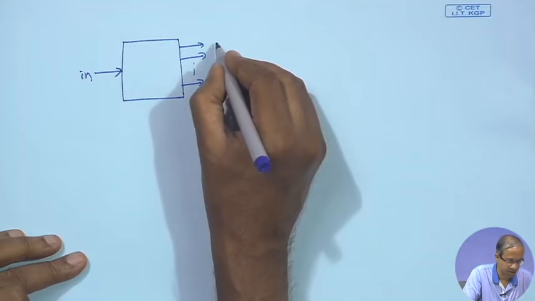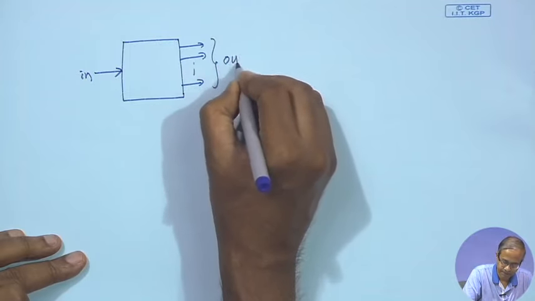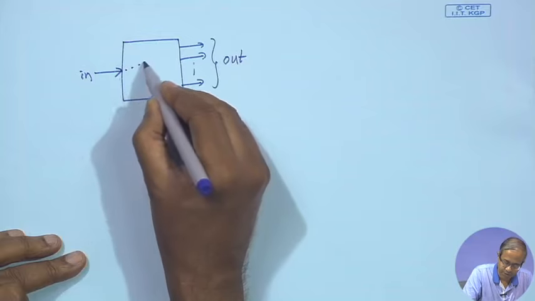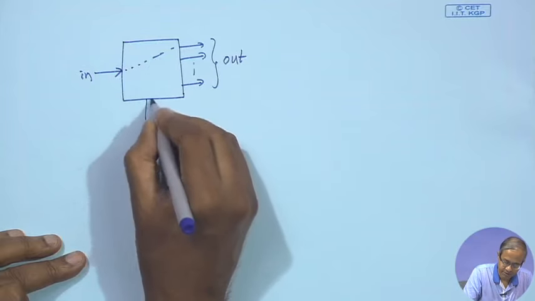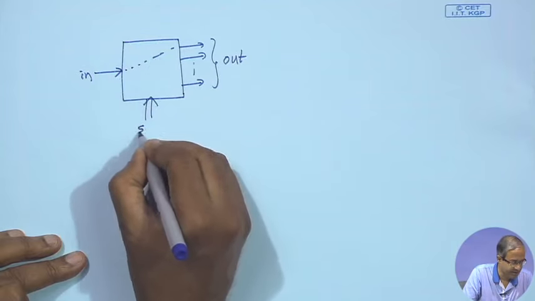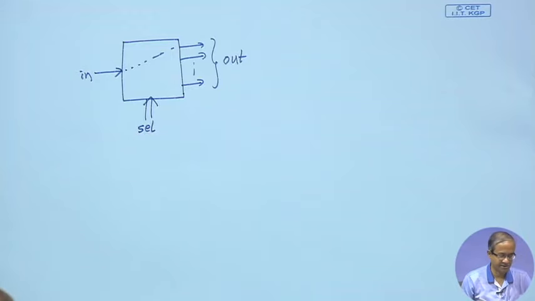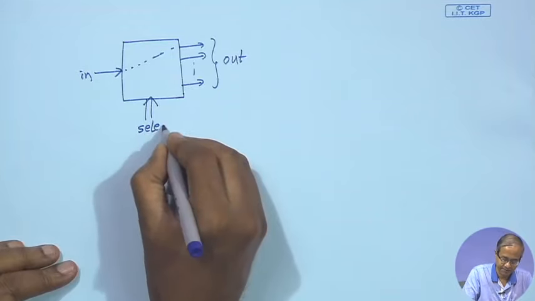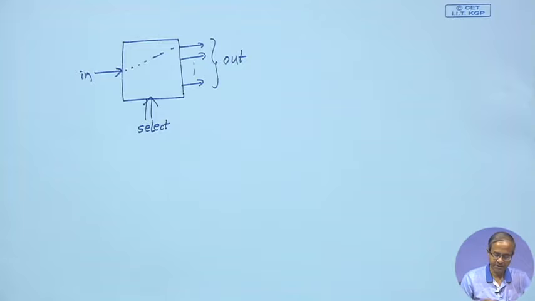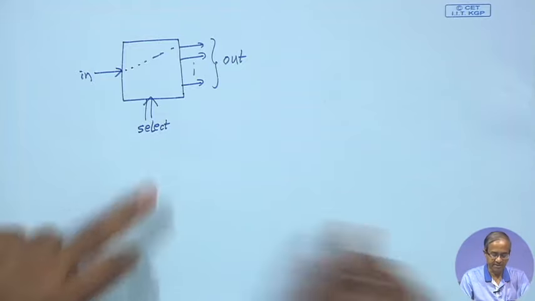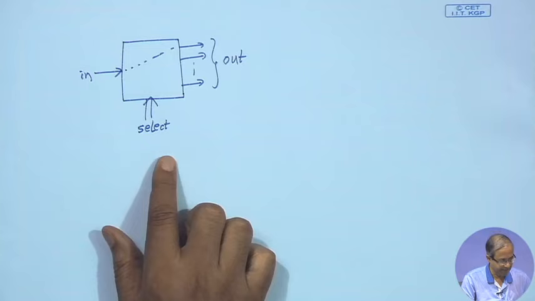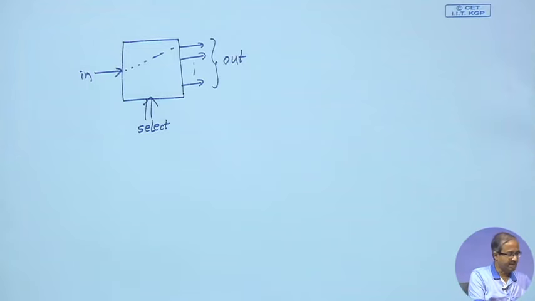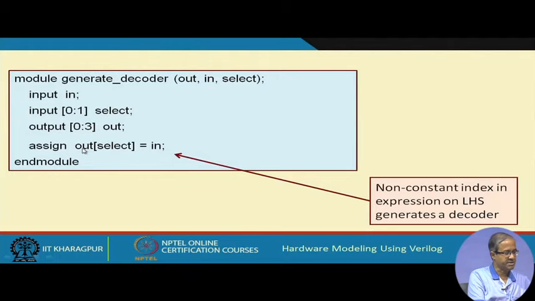This will be your out, and this input will be connected to one of the outputs, and which one will be determined by the select line. So, in an assignment statement, if there is on the left hand side an expression like this, out with a variable in the index, then a decoder will be generated.